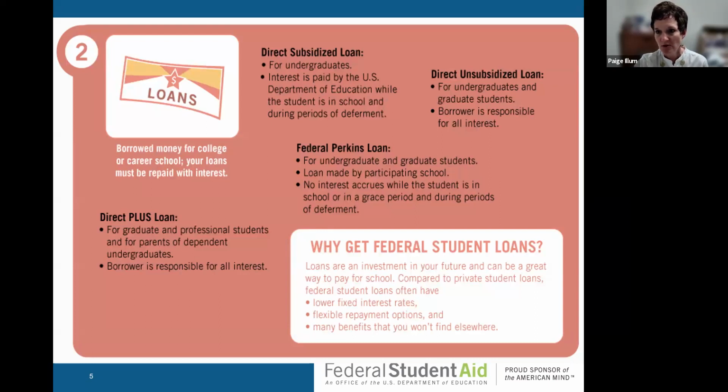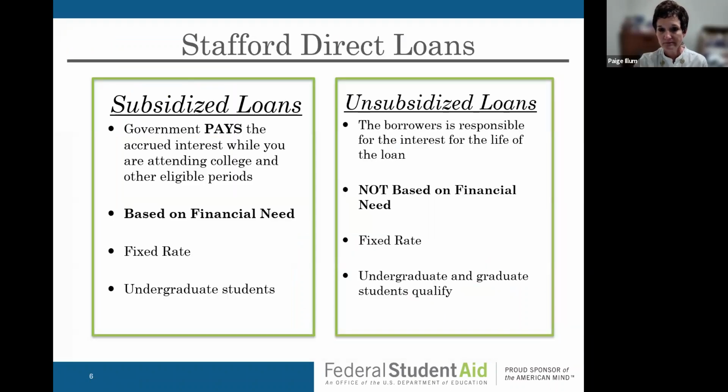It is an additional opportunity for loan money. And if that is something that you're interested in receiving, then you can talk with financial aid about qualifying for that loan. This is just a different way to look at, again, the difference between subsidized and unsubsidized loans. Again, the bottom line is that with unsubsidized loans, the borrower is responsible for the interest.